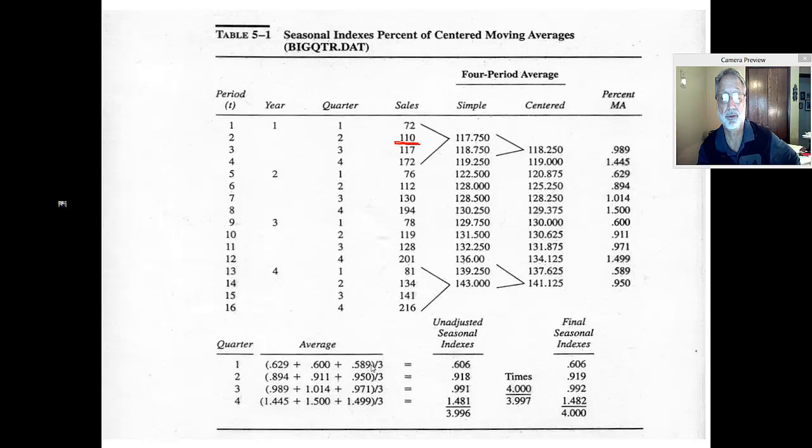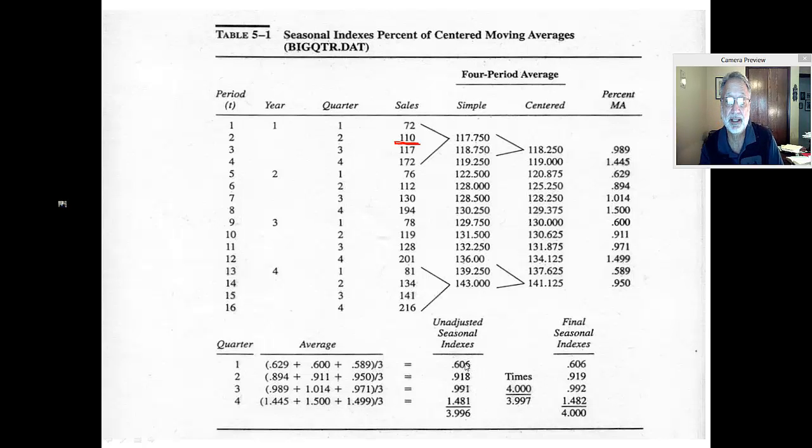Those are the only three I have. Now, I don't want completely different estimates. I only want one estimate for the seasonality in the first, second, third, and fourth quarter. So I add them up and divide by 3, and that gives me 0.6. Add these up, divide by 3, gives me this, and this.